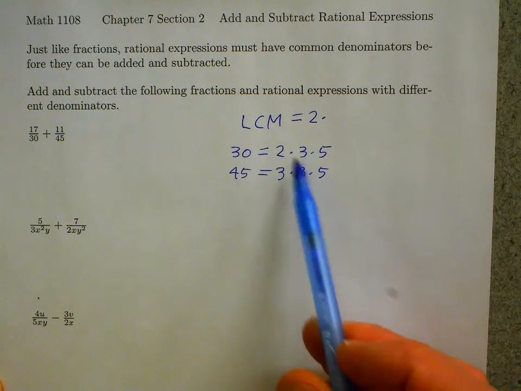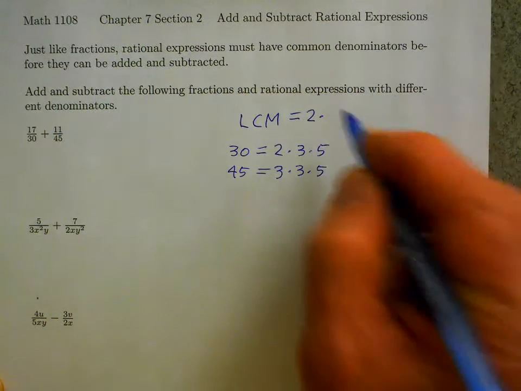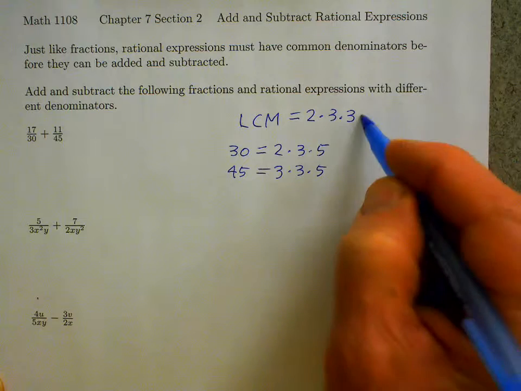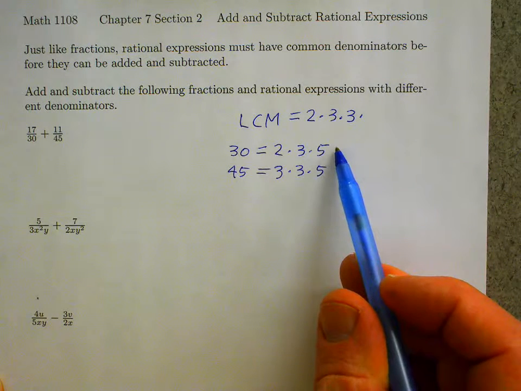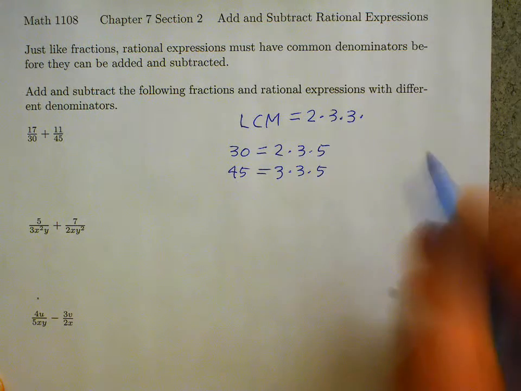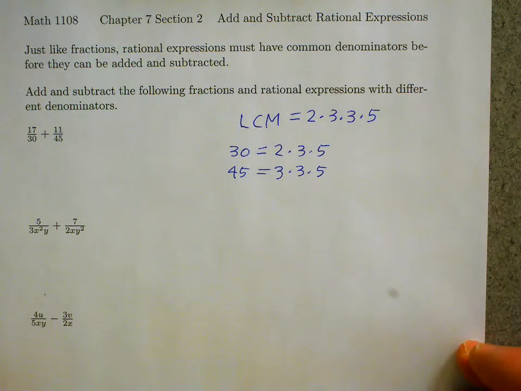So in the least common multiple, 3 times 3 has to be in the prime factorization. And each of the numbers 30 and 45 has 5 as a prime factor once, so in the least common multiple, 5 appears only once.